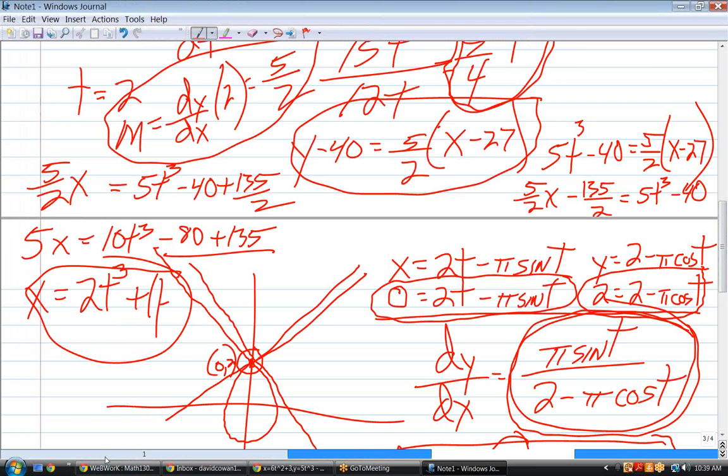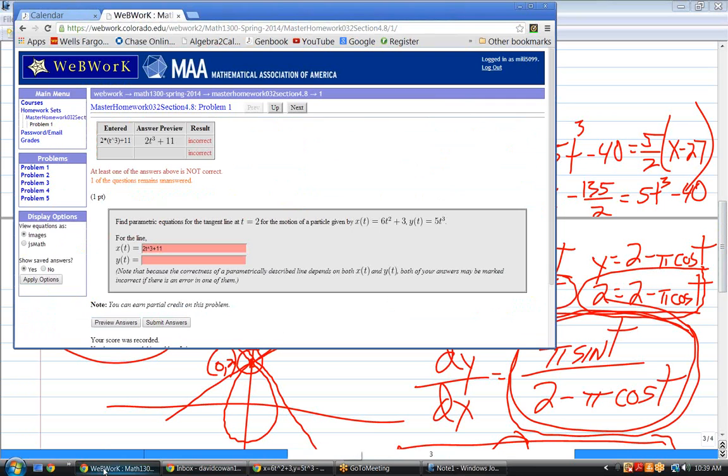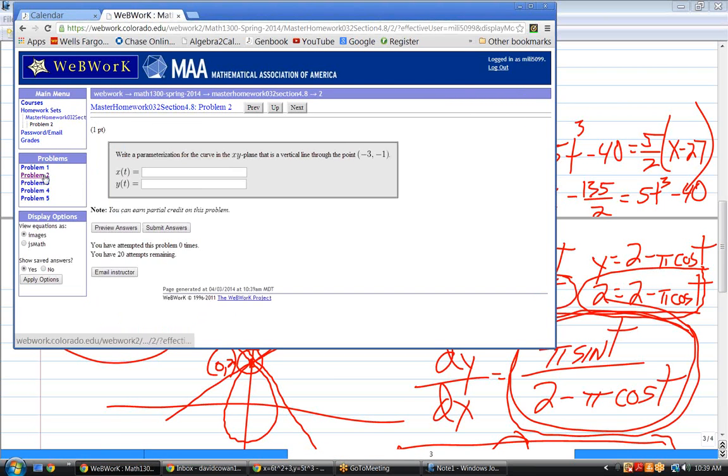Look at the next problem. You know how to do that one? Write the parameterization for the curve in the xy plane that is a vertical line through the point -3, -1. So you have to write the parametric equations for the curve.